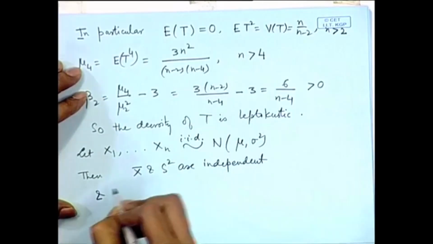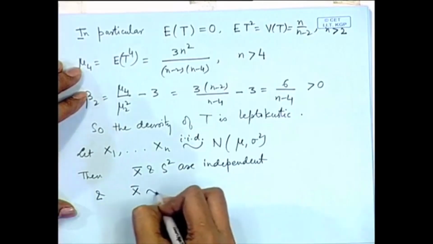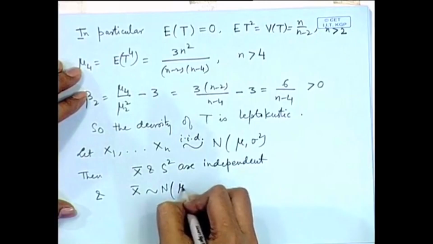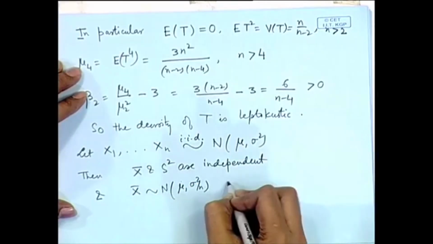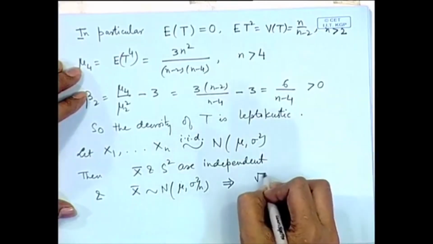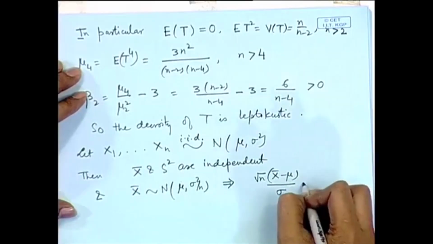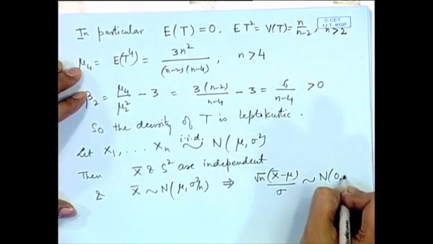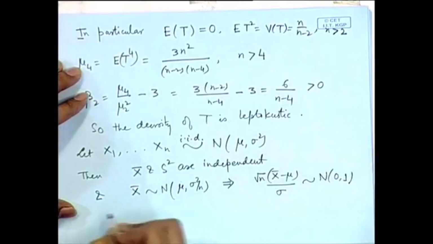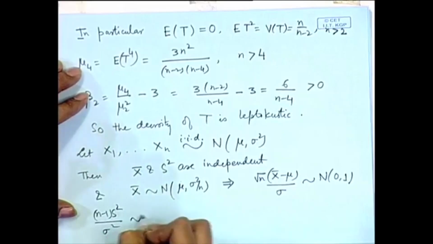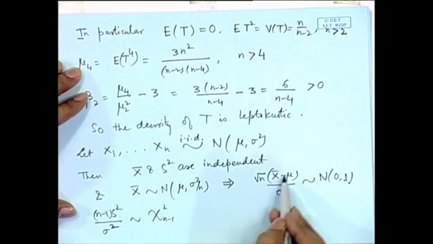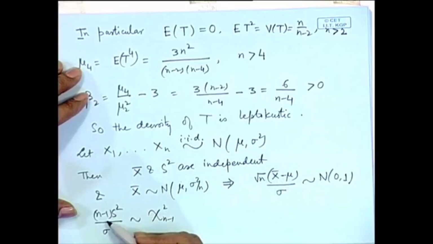And what are the distributions? X bar follows normal mu sigma square by n. This means that I can consider root n x bar minus mu by sigma, and this will follow normal 0 1. N minus 1 s square by sigma square follows chi square on n minus 1 degrees of freedom, and this variable and this variable are independent.